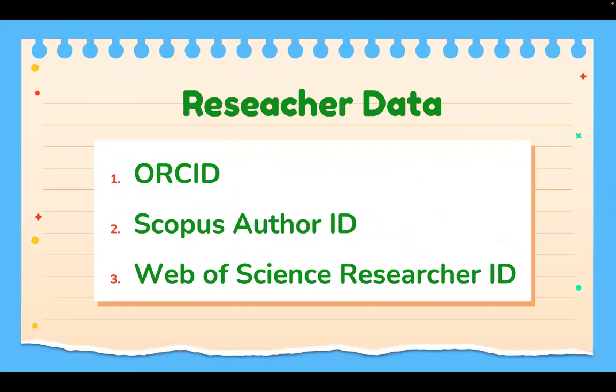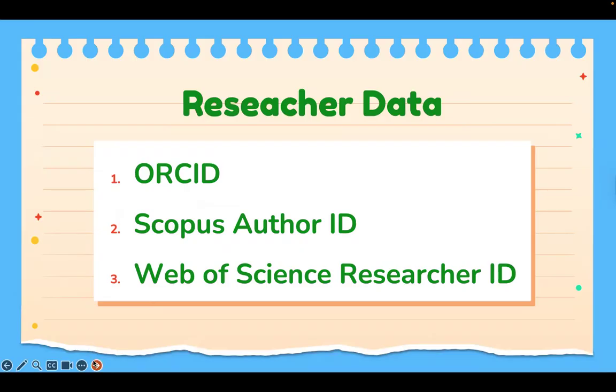If you have a publication in the Scopus database, it will appear. For Web of Science researcher ID, you need to visit the website of Clarivate, first register, and then smart search. So this is about the researcher data.